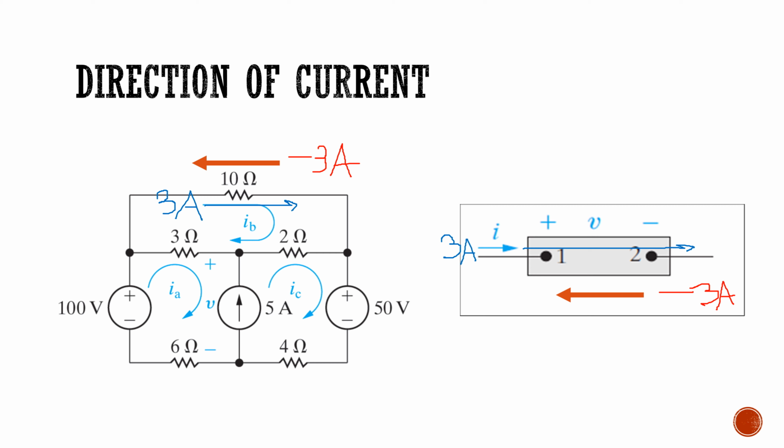Likewise, if our starting value is minus 3 amps, and we change the direction of the current flow from left to right to right to left, the value for the current would be plus 3 amps.